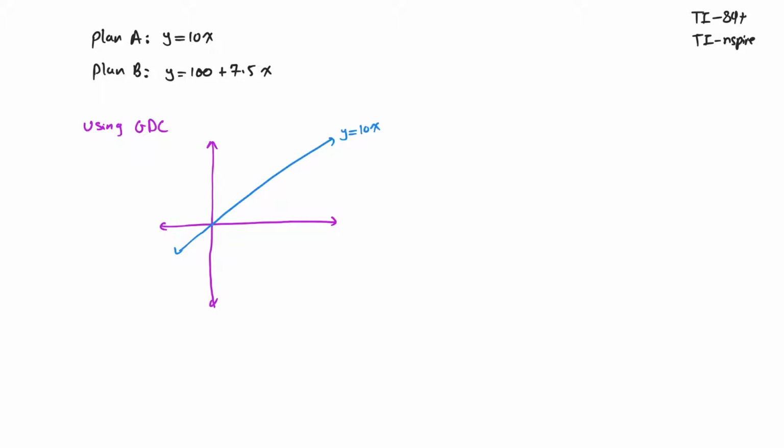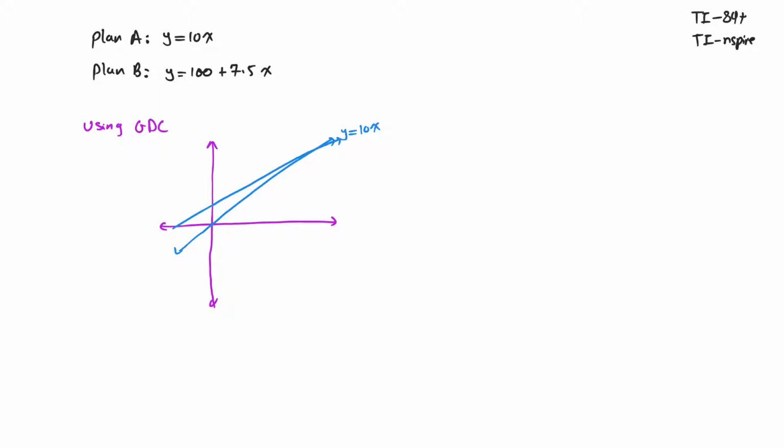And you need to do plan B as well. Plan B's equation doesn't have as much steepness, but it does have a y-intercept.